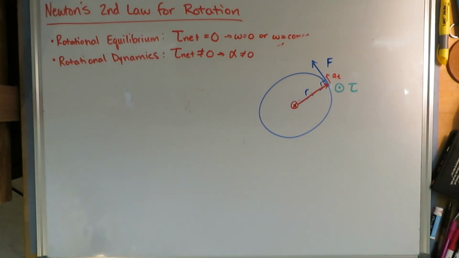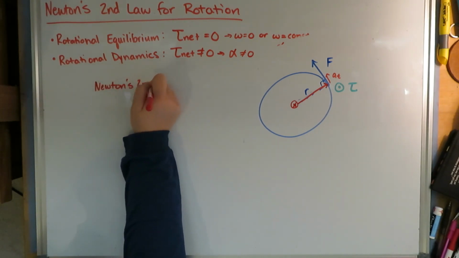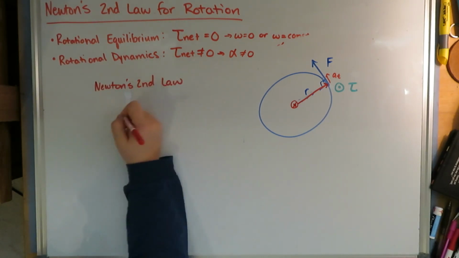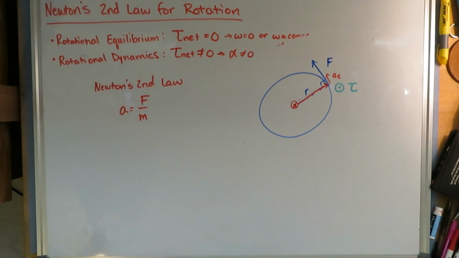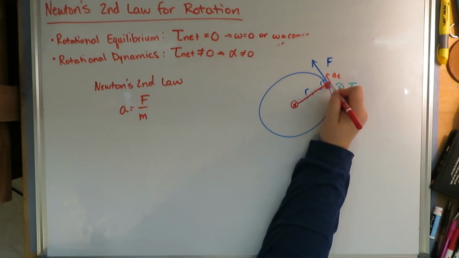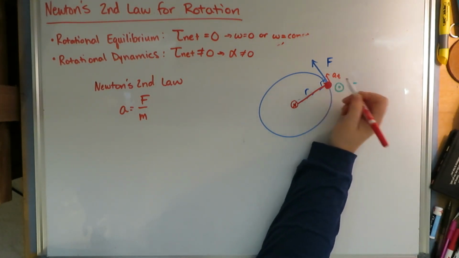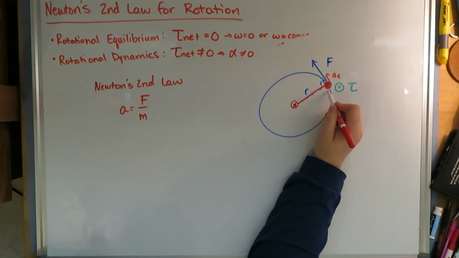I can actually define, because of Newton's second law, that acceleration is the ratio of force to mass. So if, let's say, this was like a ball on a string, then that ball would have some sort of mass here.